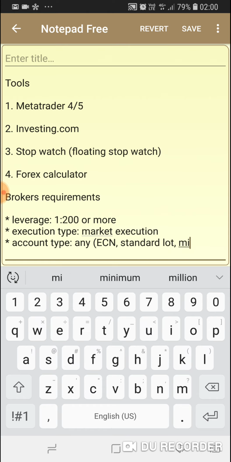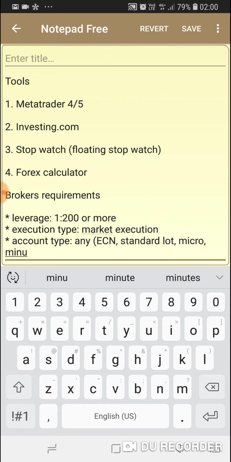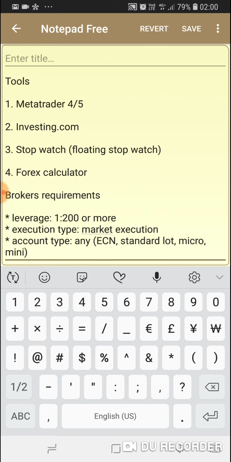We've got micro. We've got mini. There are quite a lot of them. So many of them. Any account type which you feel comfortable with. So these are the only 3 requirements which you need to execute the Forex 1 minute strategy in terms of the broker.